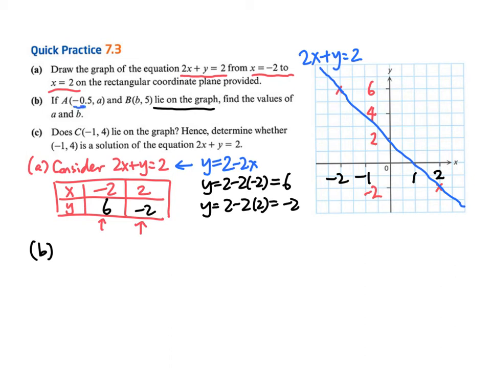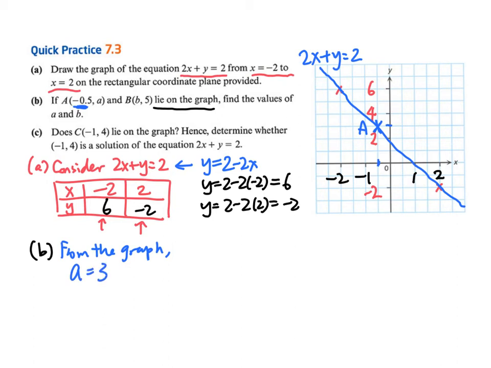Given the x-coordinate of A is negative 0.5, it would be somewhere here. If you look at the line, when x equals negative 0.5, the y-coordinate should be 3. So here would be point A. So from the graph, A would be equal to 3.